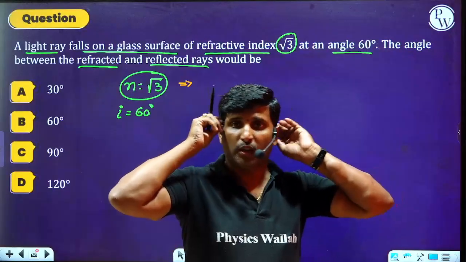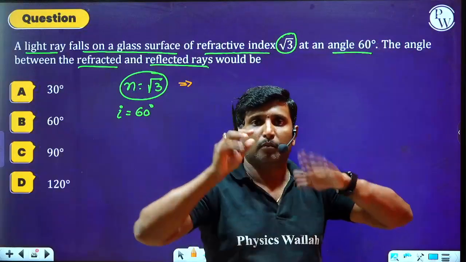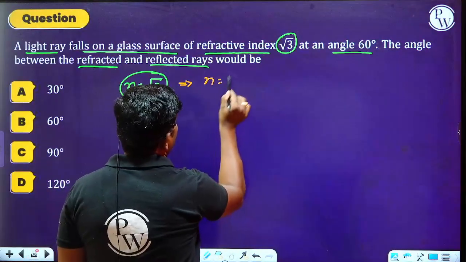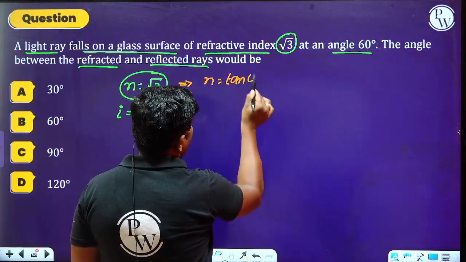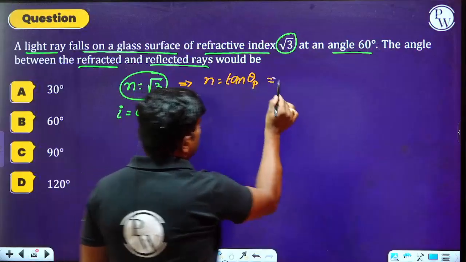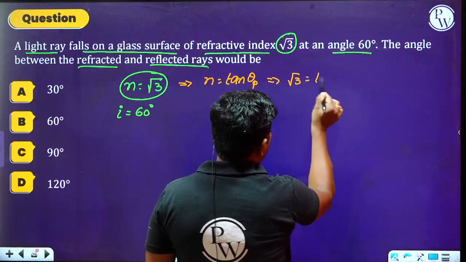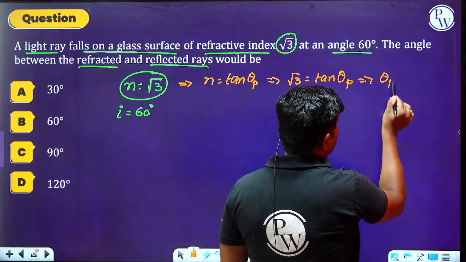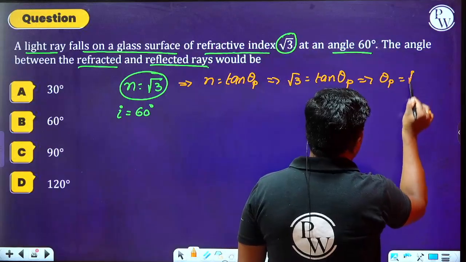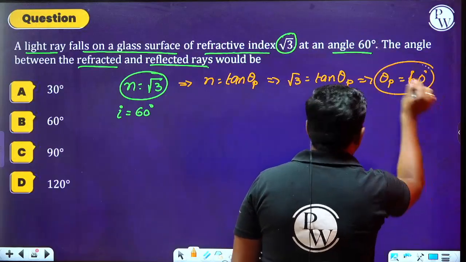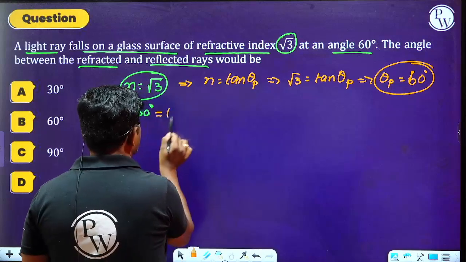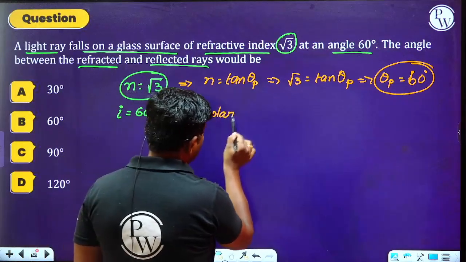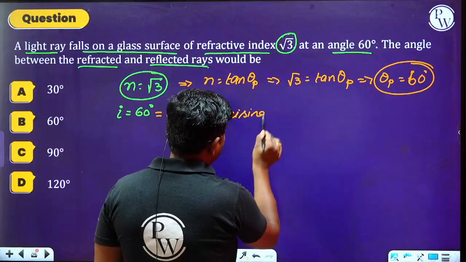Wave optics concept. That is, based on Brewster's law. Therefore, see here, we know that n is equal to tan theta p, which implies root 3 is equal to tan theta p. Therefore, theta p is equal to 60 degree. That means the angle of incidence is equal to polarizing angle.